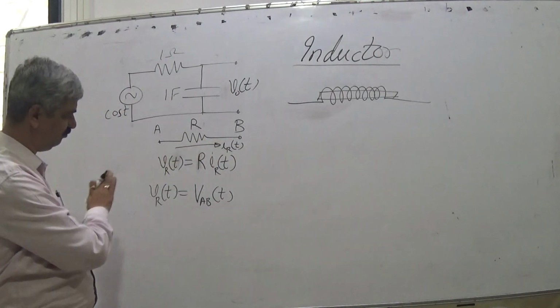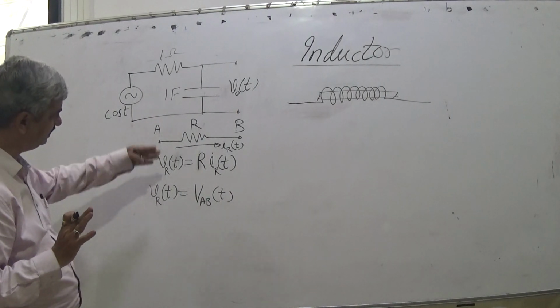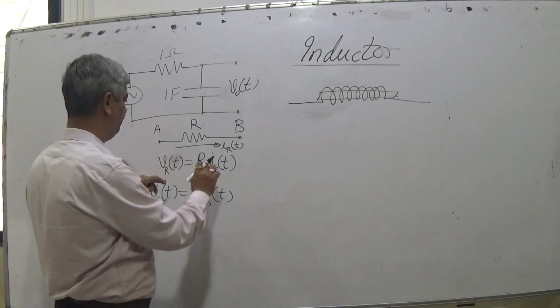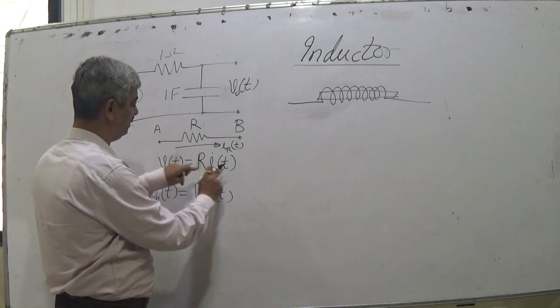So there is no confusion. For a resistor, there is a linear relationship between the voltage across it and the current through it.